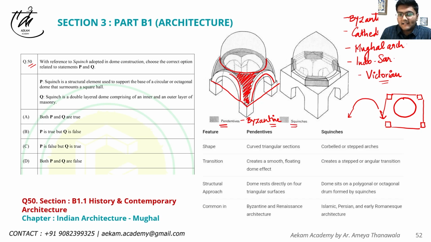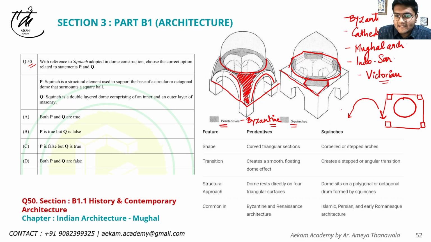Squinches, on the other hand, are a simpler and more effective method than pendentives. In this method, we have the circular base and the square base. The circular base rests on a further octagonal base, and this octagonal base is further corbelled from the inside.